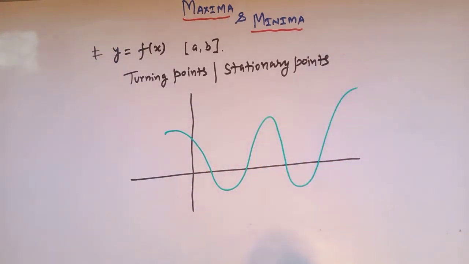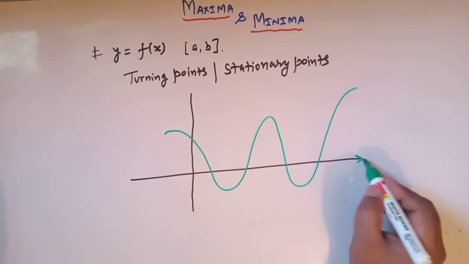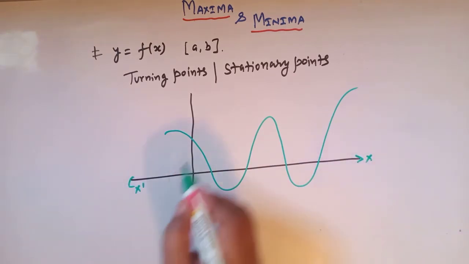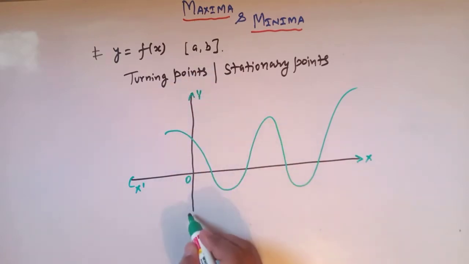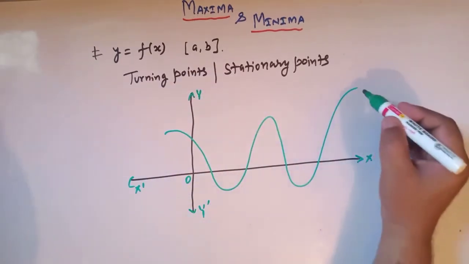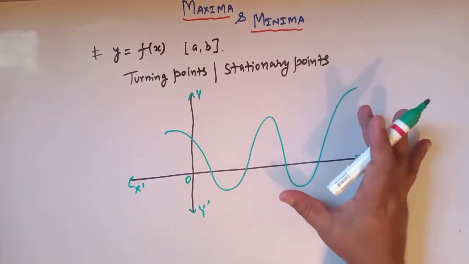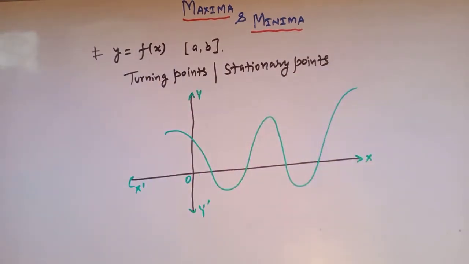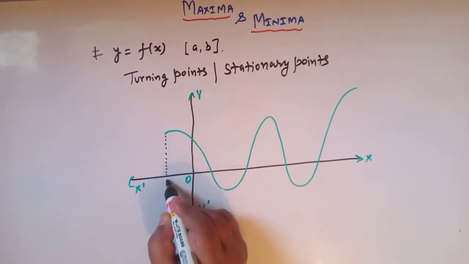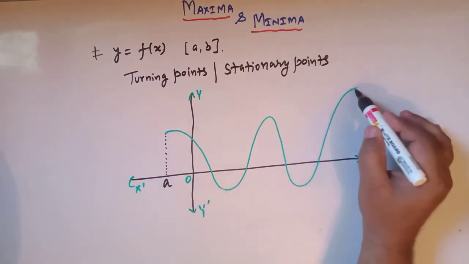Say this is x, this is O, this is x prime, this is y, and this is y prime. Let this be the graph of the function y equal to f(x), and let this function be defined in this closed interval.